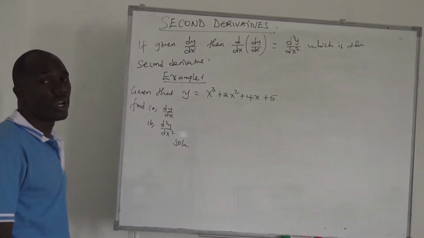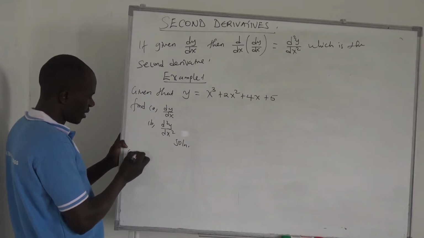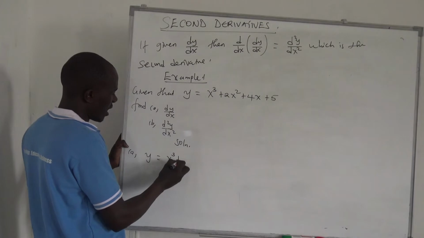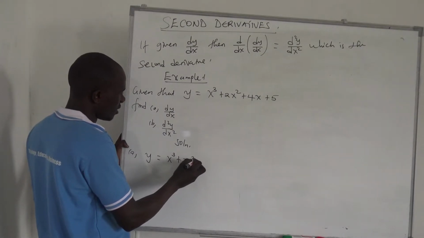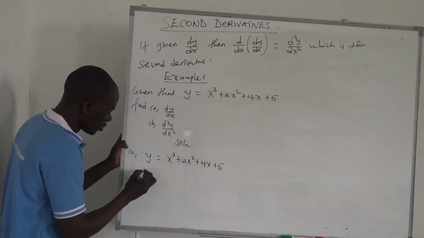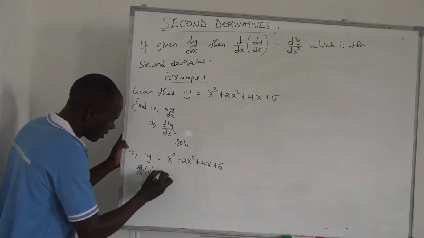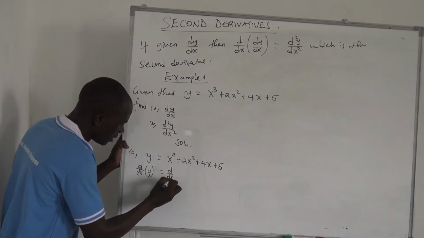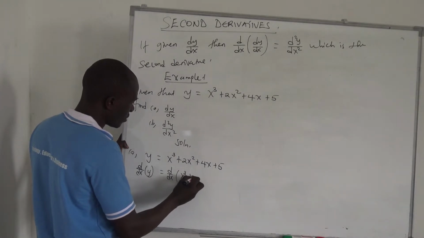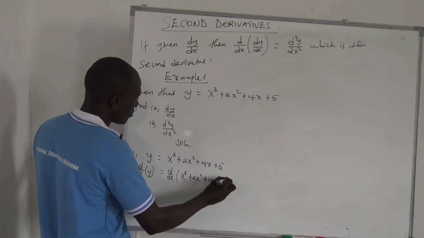So we are given that y equals x cubed plus 2x squared plus 4x plus 5. Part A: we look at d/dx of y equals d/dx of x cubed plus 2x squared plus 4x plus 5.